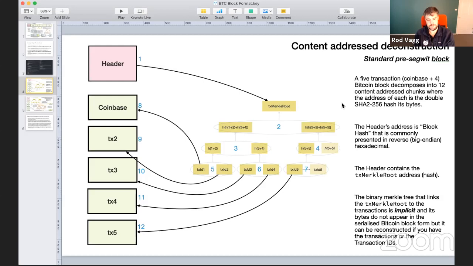And so you can traverse that. Bitcoin blocks in their binary form don't store that intermediate tree structure. It's implicit because all the bytes are there. You can reverse engineer it so that it's there.